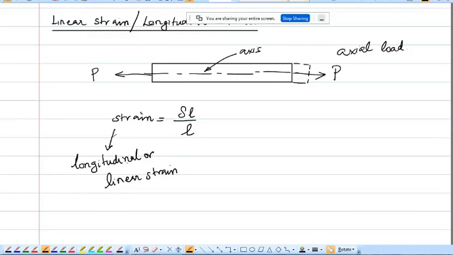Why am I saying it is a longitudinal or linear strain? Because this delta L is the axial deformation. If the deformation acts in a direction which is parallel to the direction of the applied load, then it is called a longitudinal or linear strain.